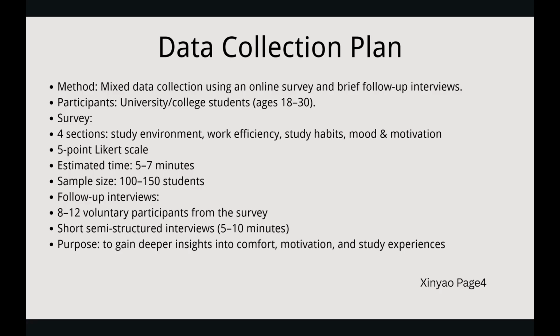We aim to recruit between 100 and 150 university students. After the survey, we will invite 8 to 12 volunteers to participate in brief semi-structured interviews lasting 5 to 10 minutes. These interviews help us understand students' personal experiences and provide context for the survey results.